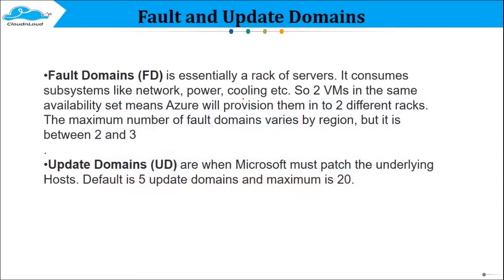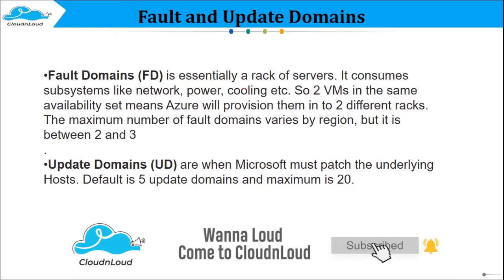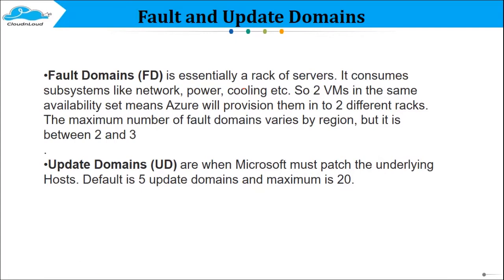Fault domain is essentially a rack of servers that consumes network, power and cooling, and of course whatever rack servers, 1U or 2U, are hosted in that specific physical rack. It needs network as well as power and cooling, right?